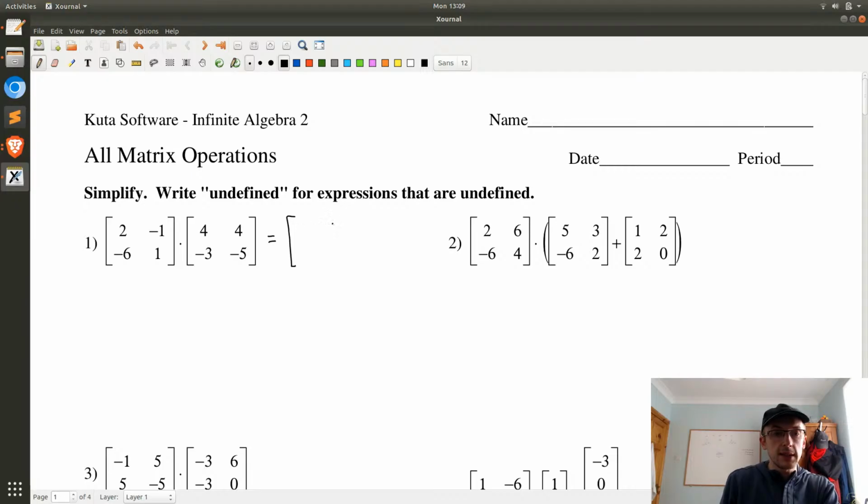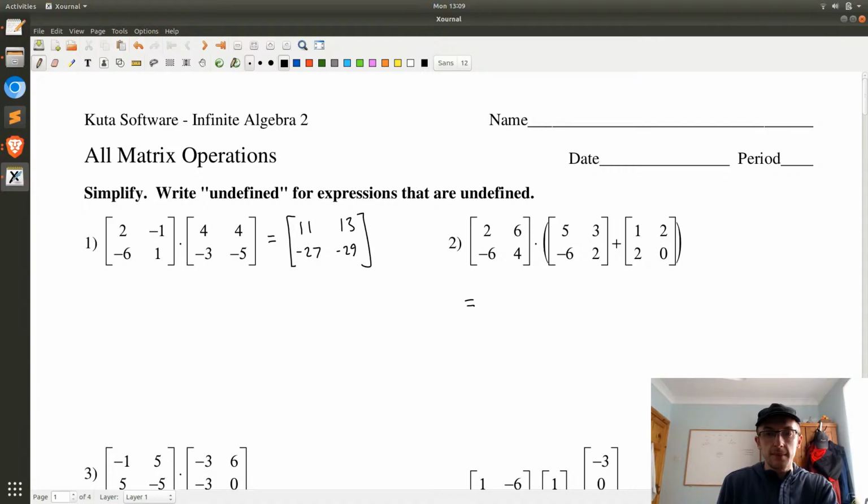So that'll be 8 add 3, which is 11. Then 8 add 5, which is 13. Then -24, take 3, which is -27. Then -24, take 5, which is -29.